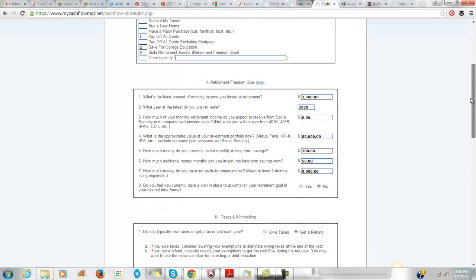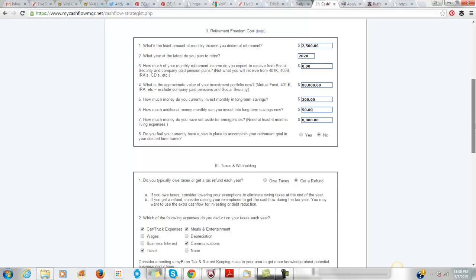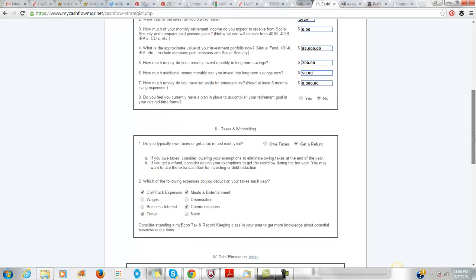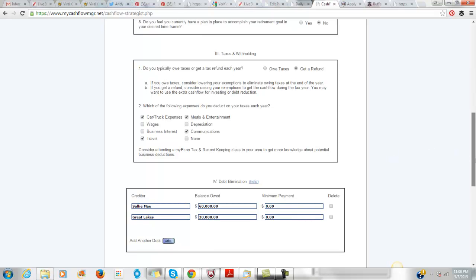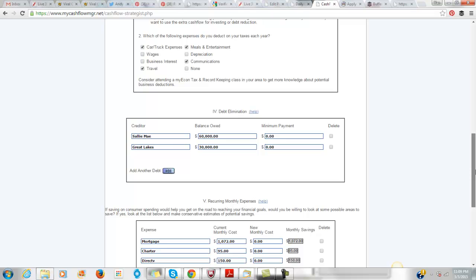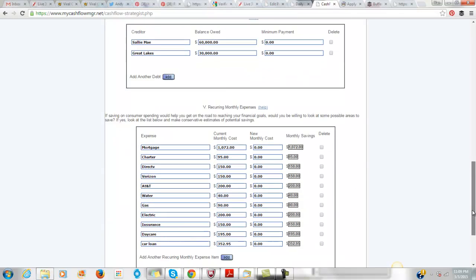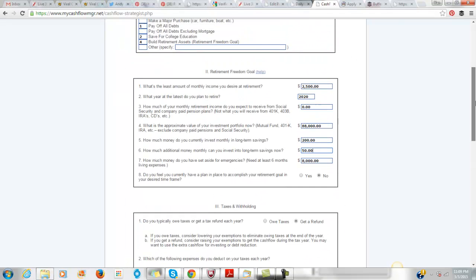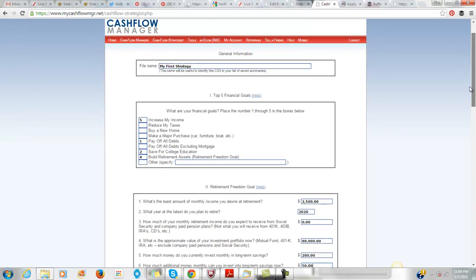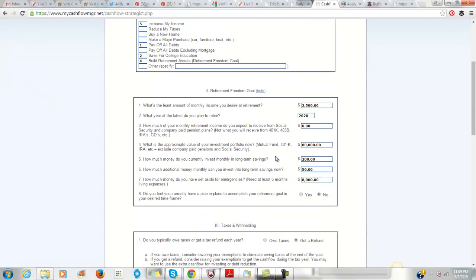So on that number two, what we're processing is the retirement freedom goal. So we're going to go down, and I'm going to skip number three and number four for right now, because what we're going to do is process the information that we plugged in, and it's going to tell us how long it's going to take for us to achieve the goal that we're trying to reach.